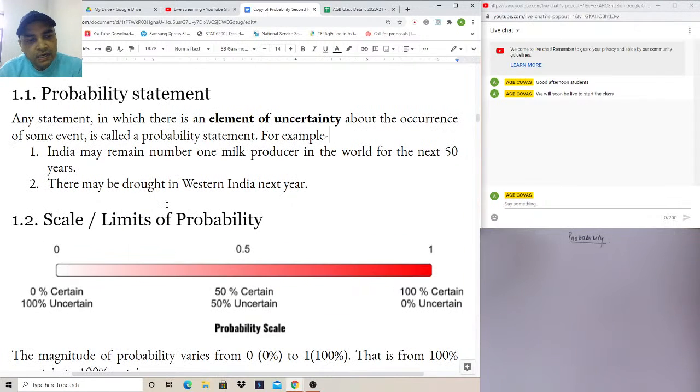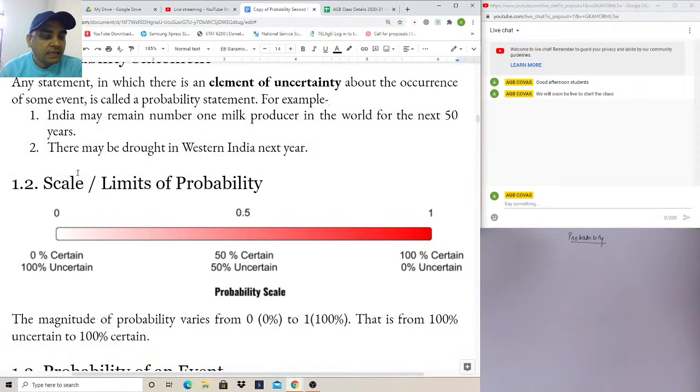For example, India may remain the number one milk producer in the world for the next 50 years. In this statement you will find there is some element of uncertainty, and India may or may not remain number one in the next 50 years.